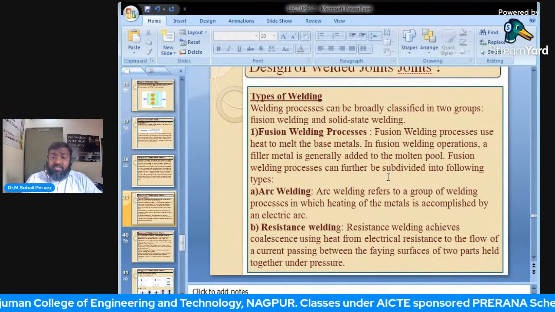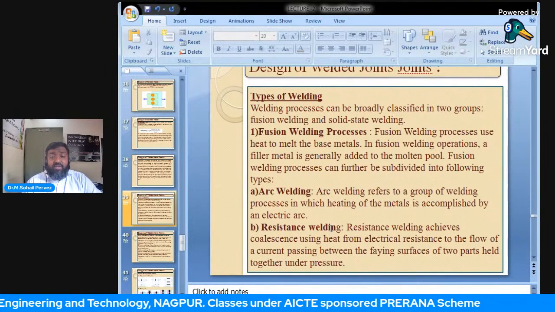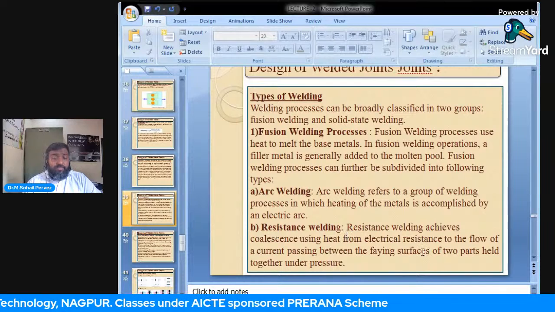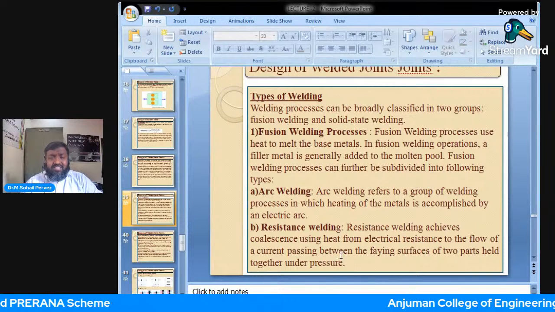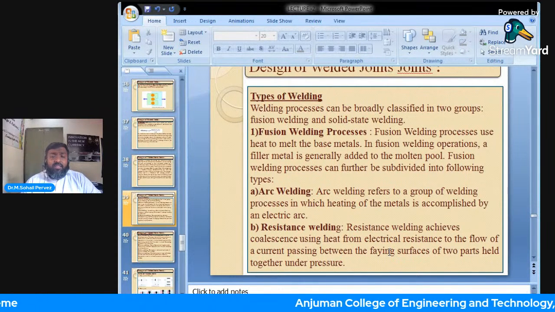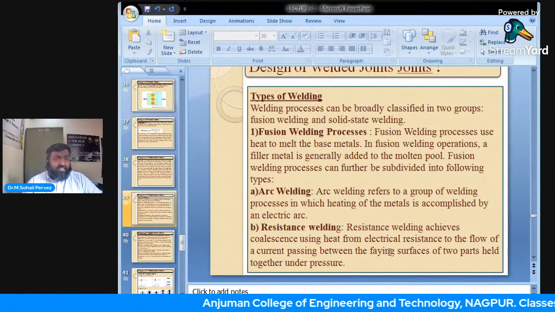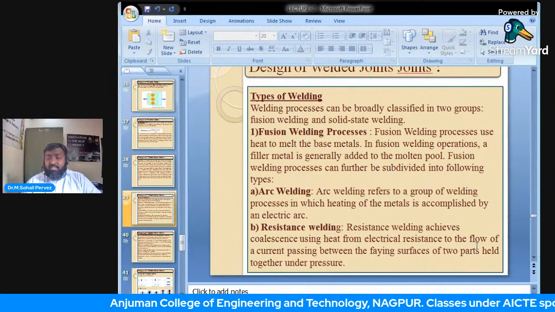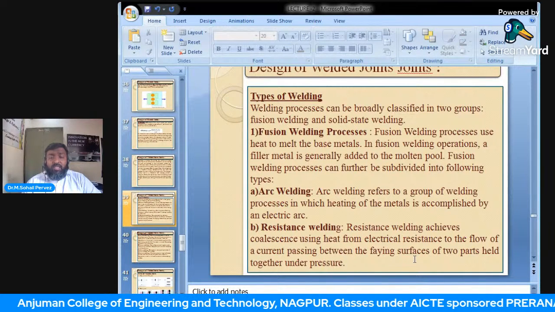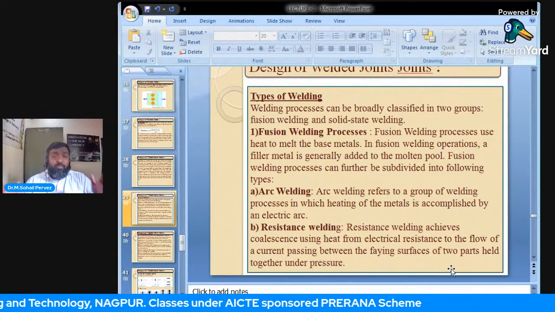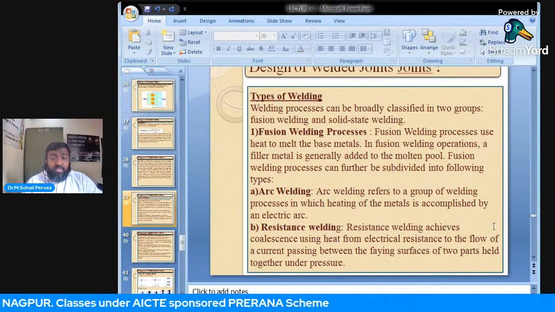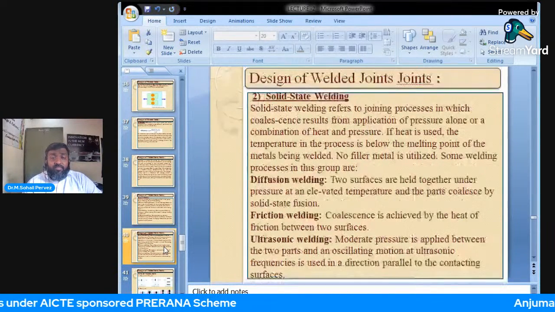Fusion welding can further be subdivided into arc welding and resistance welding. All of us are very much acquainted with arc welding. Resistance welding uses an electrical source and resistance to the flow of current passing between the faying surfaces of two parts held together under pressure. That is resistance welding.